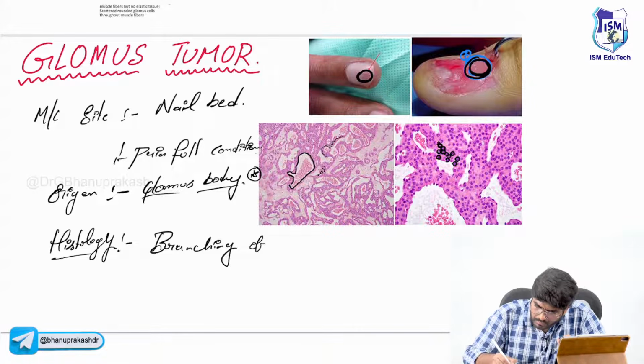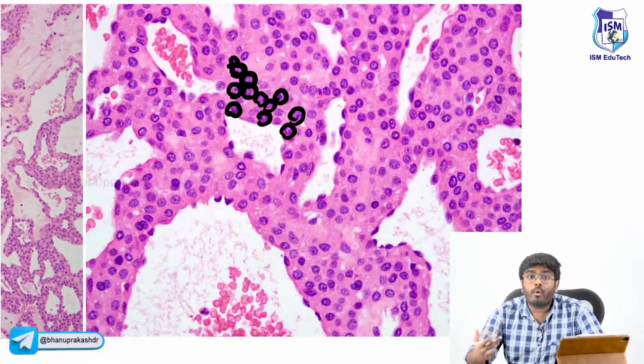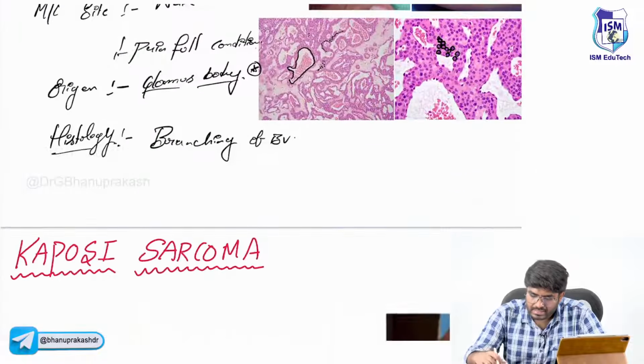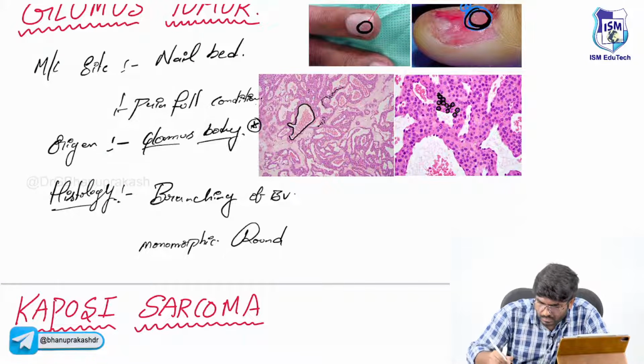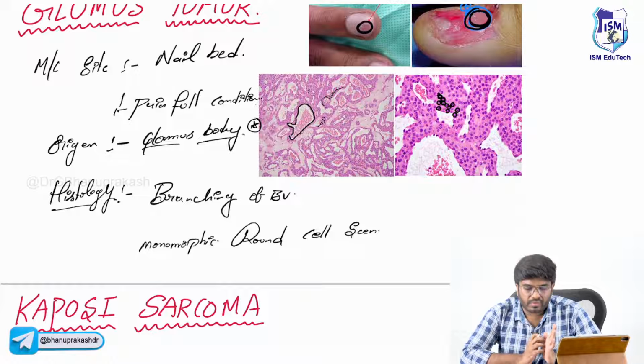Not only that, monomorphous round cells are seen in the septa. So that's one important point I want you to know.